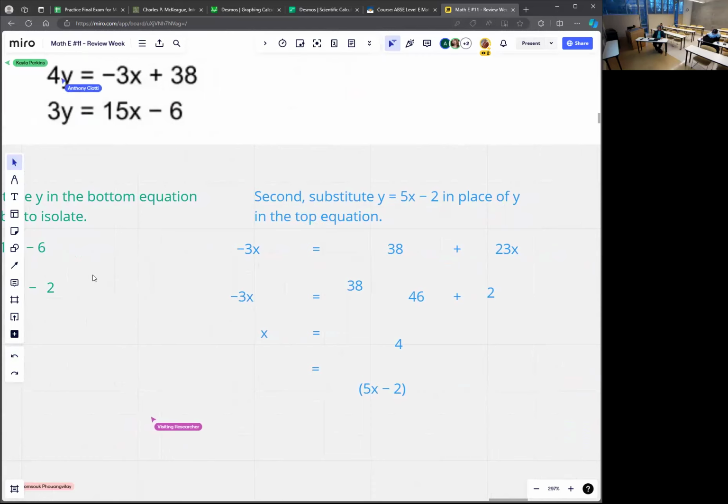For which one? The top one? Yep, so you'll be starting with a 4, but then instead of 4y, you're gonna do 4 times the quantity 5x minus 2.